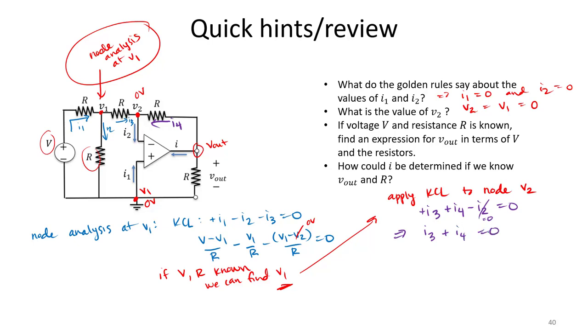Notice we already know what I3 is from our earlier equation. And then I4 we can write in terms of V out. So in this case, V1 minus V2 over R plus V out minus V2 over R equals 0. Remember, V2 was 0 volts. V1 is known from before. We can solve for V out.